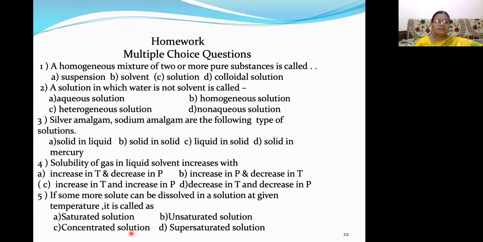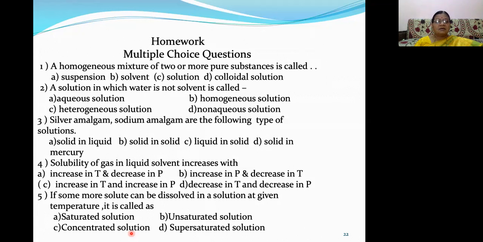C option, increase in temperature and increase in pressure. And the fourth one is decrease in temperature, decrease in pressure. Here two factors are included in the options. The type of solution is gas in liquid solvent, so which is the correct answer?